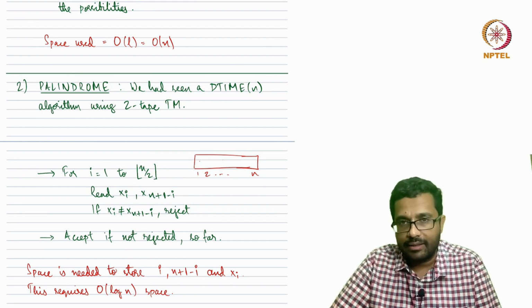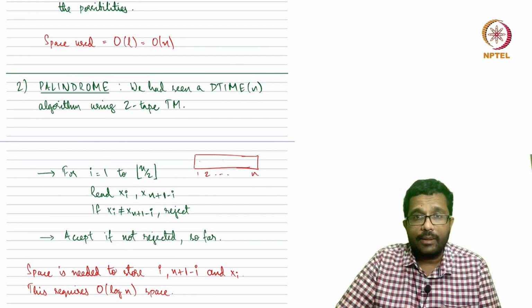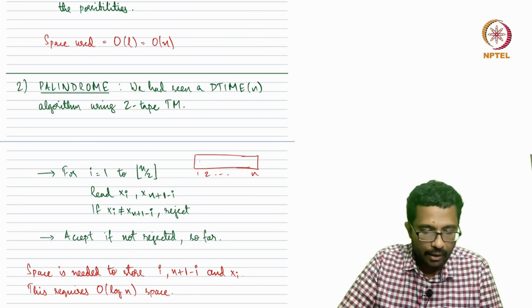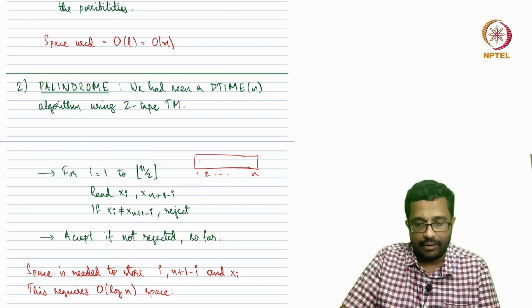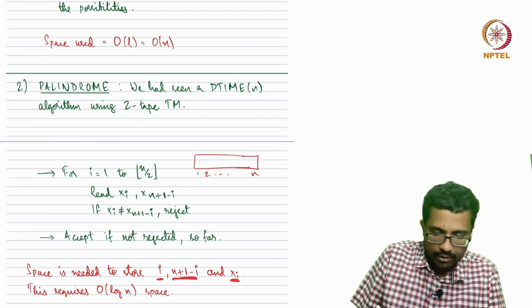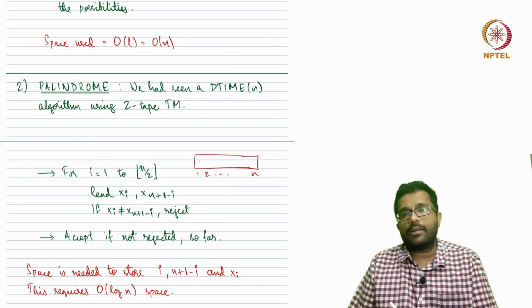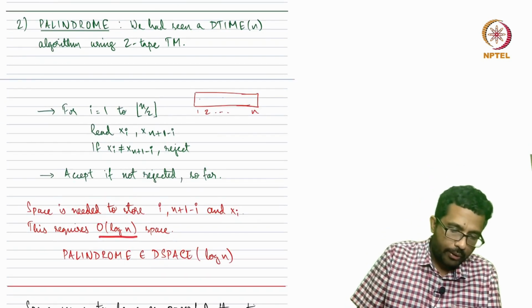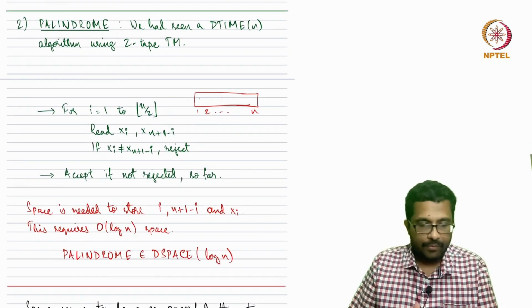But it's constant because the alphabet is fixed for the input, so it's not variable based on input length. So this requires log n, this requires log n, and this is constant. So the overall space required is just log n space.